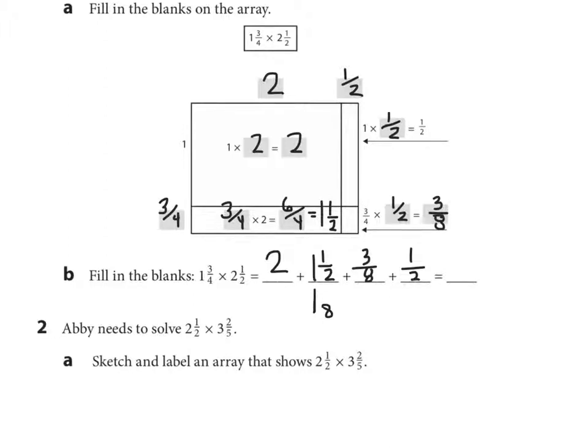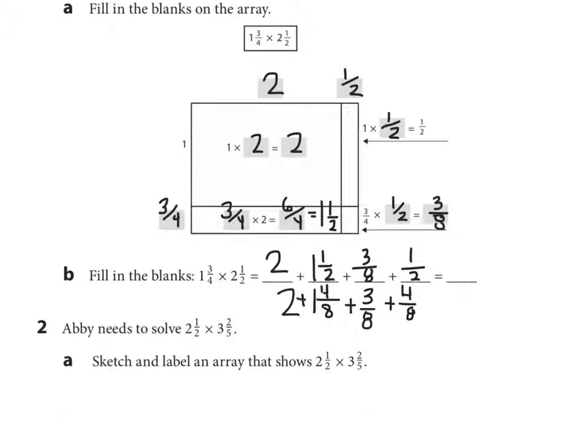Halves to eighths, I need to multiply by 4. So it'll be 4/8. I can also know what is half of 8. I know that's 4. So over here is 4/8. And then my 3/8 stays the same. And so does my 2 wholes.